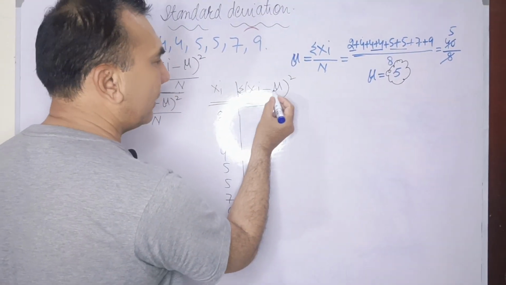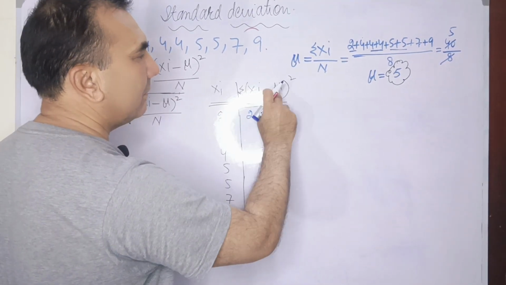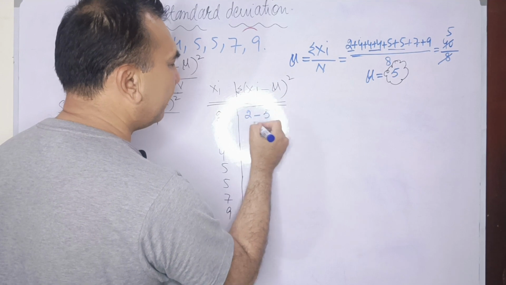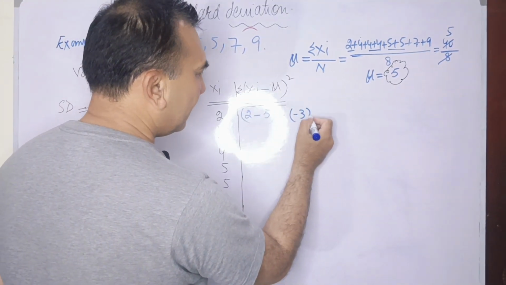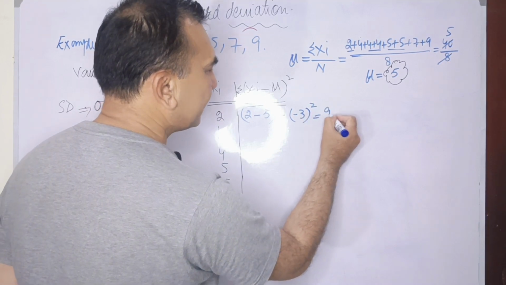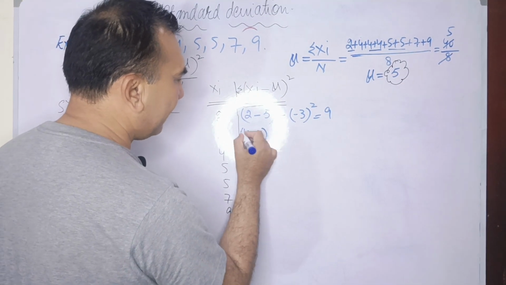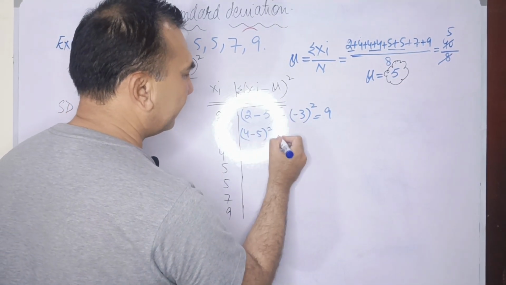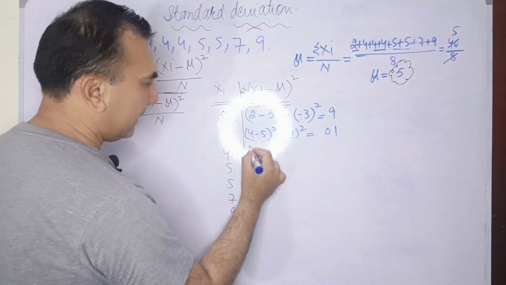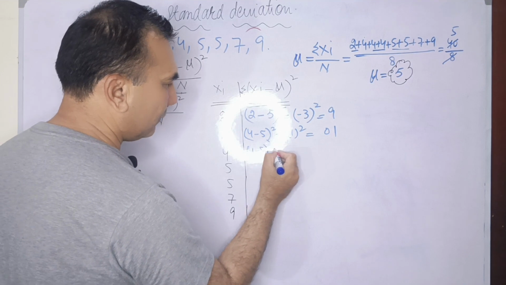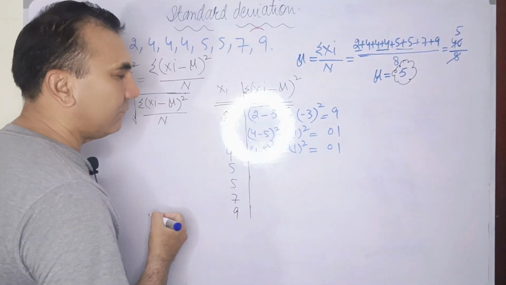Now the next steps. 2 minus the mean, mu, which we calculated as 5, is minus 3, and minus 3 whole square is 9. Then 4 minus 5 is minus 1, and its square is 1.